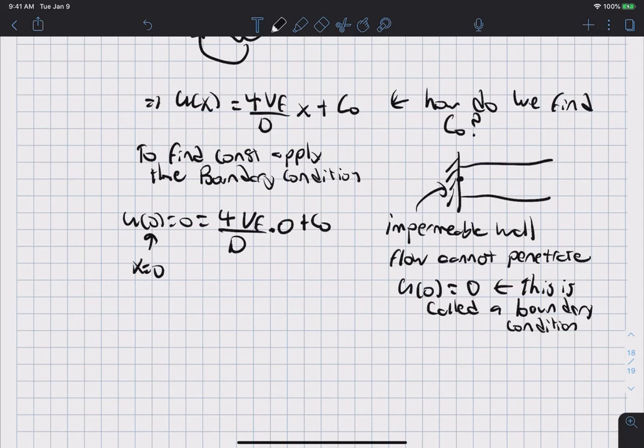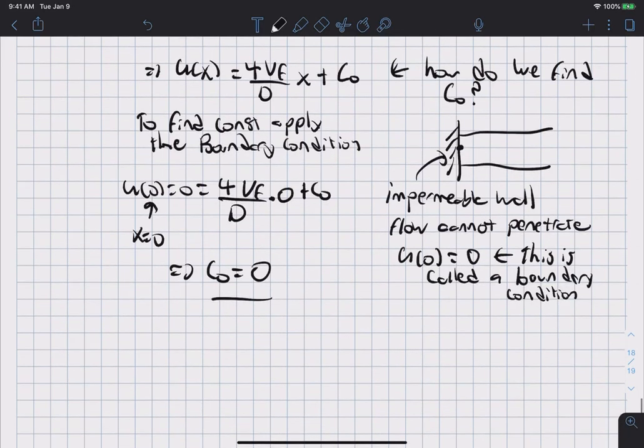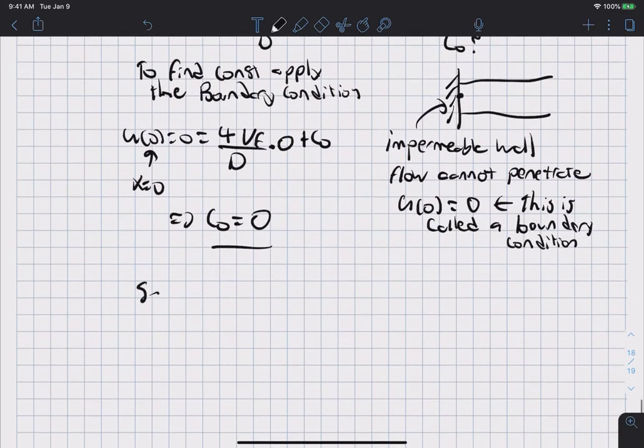Well, immediately we can now solve for C0. This implies that C0 equals 0. Okay, so then finally, u of x, which is what we were after, is given by the function 4 vf over the pipe diameter times x.